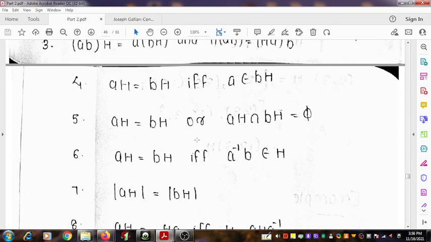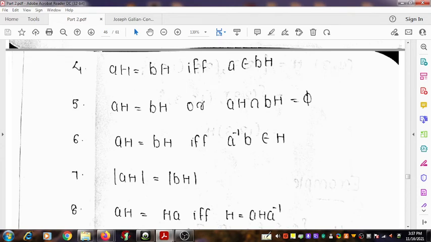That means if some elements of one left coset are present in the other, then both cosets are the same, so the number of elements is equal. Otherwise, if there is no common element, their intersection is empty, and they are entirely different.